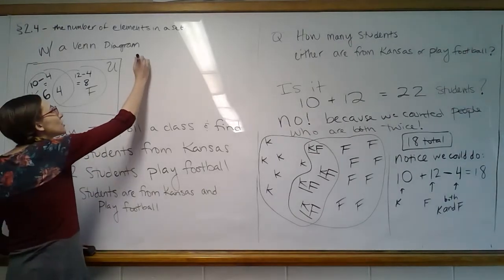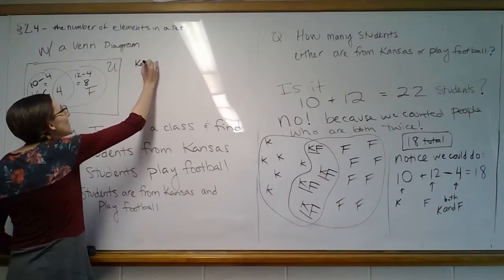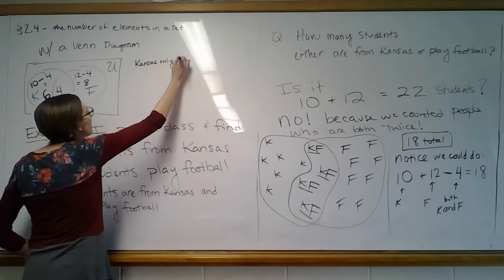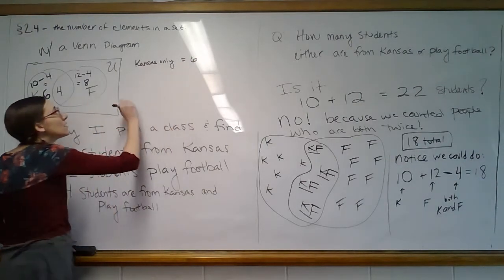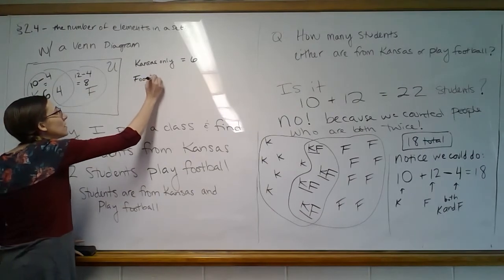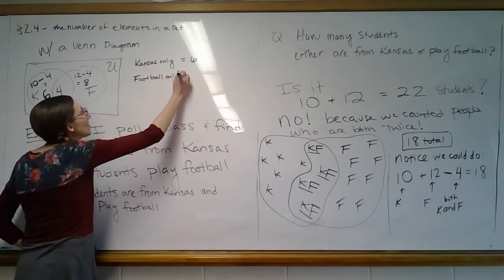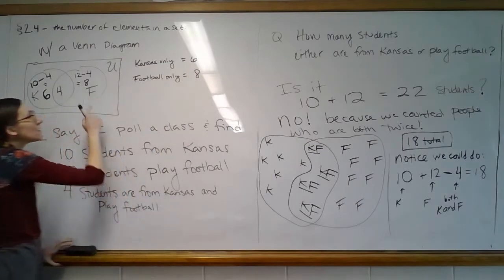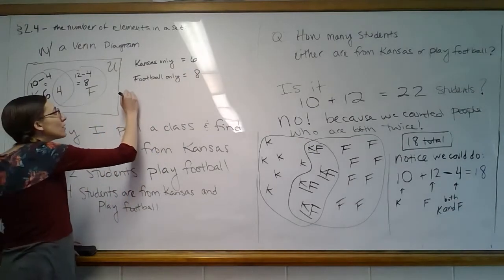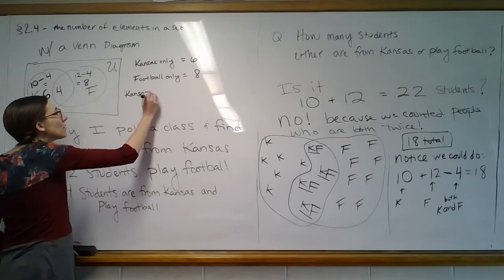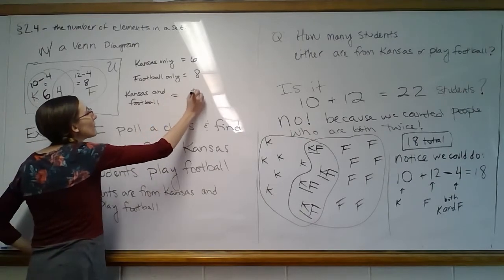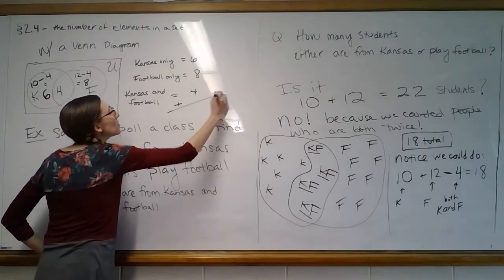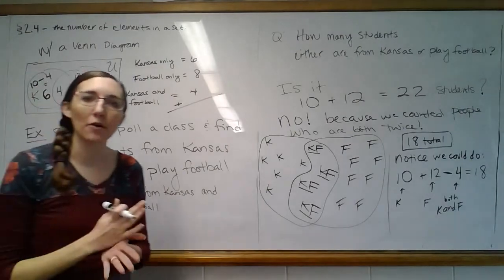So if I ask a question of something like Kansas only, well, for Kansas only, people in Kansas, not in football, there's 6. Football only, there are 8. And then in both, there are 4. And you'll notice with those, there's no one being counted extra times.